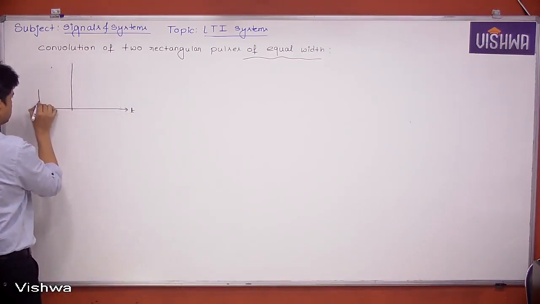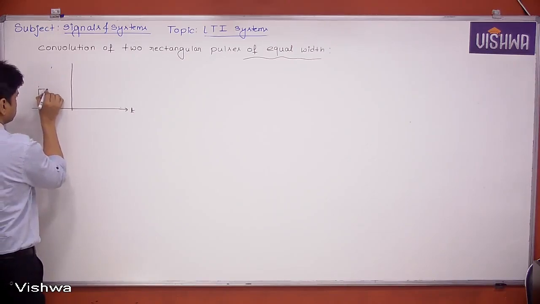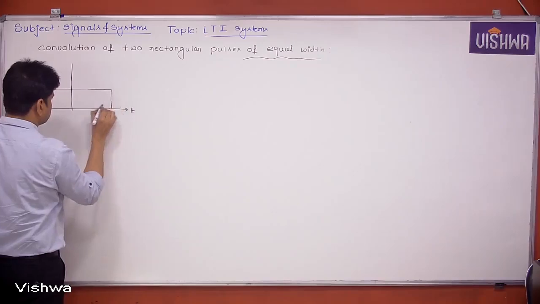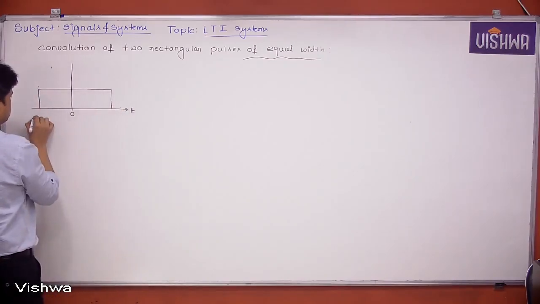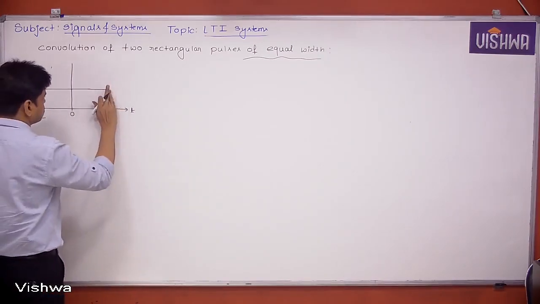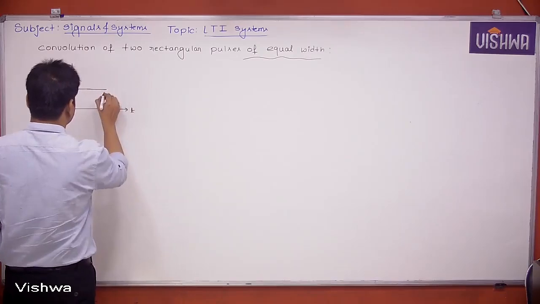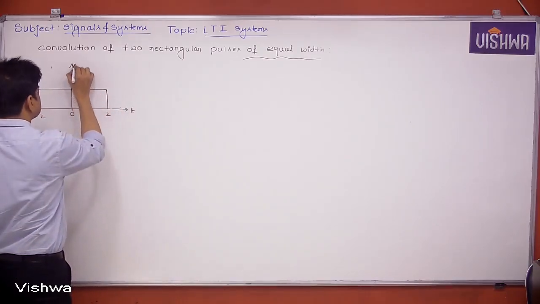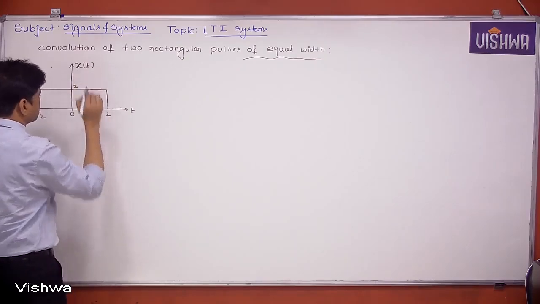Let's say x of t is a rectangular pulse from -2 to +2. This is x of t signal.